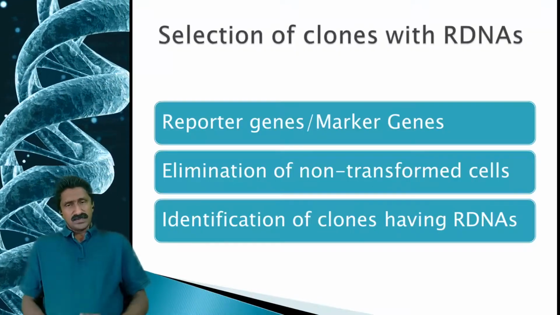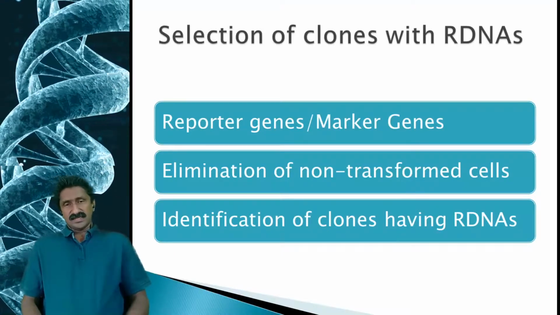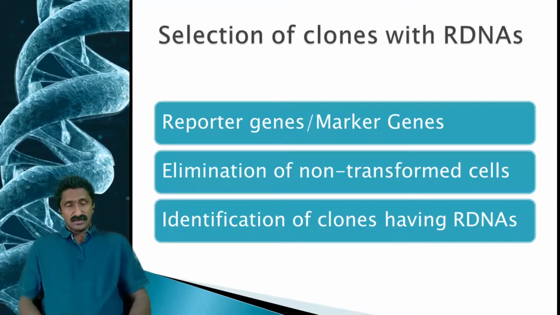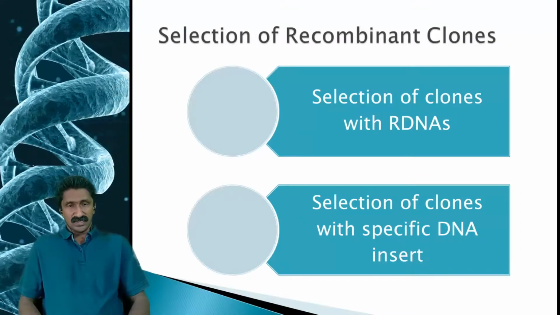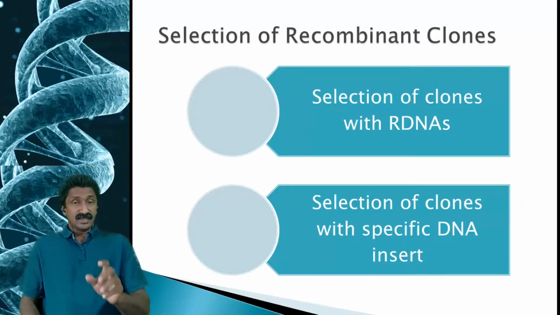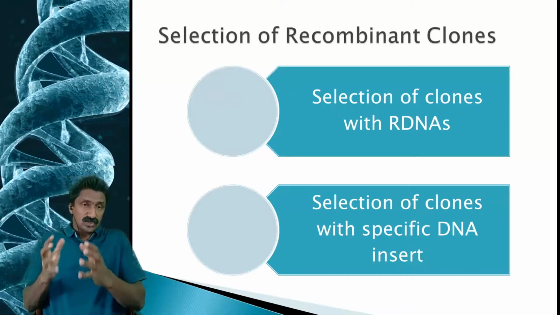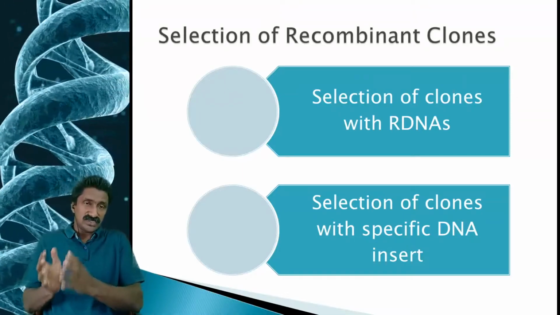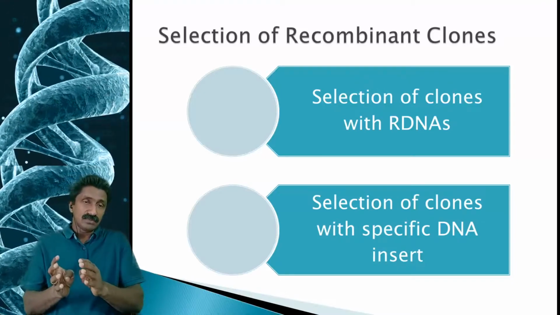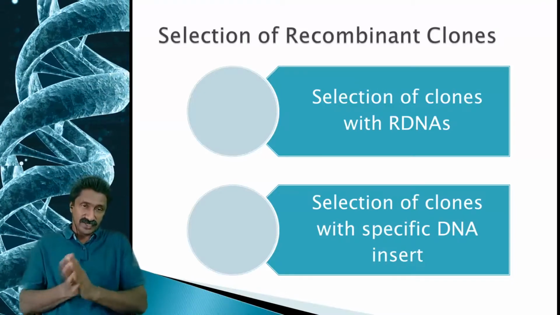For that purpose, the first step is selection of clones with rDNAs. There we are ensuring that some of those clones, or some population of those cells, were actually carrying some rDNA or some foreign DNA.